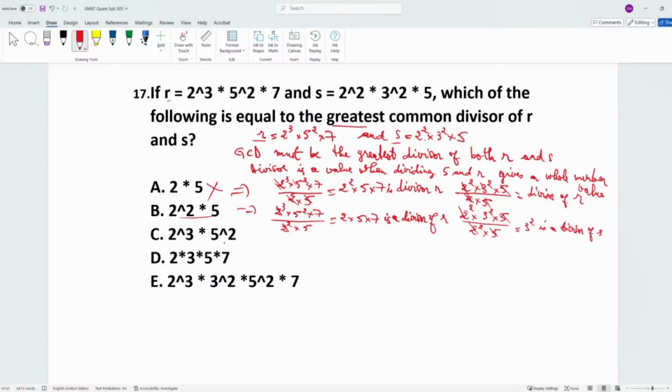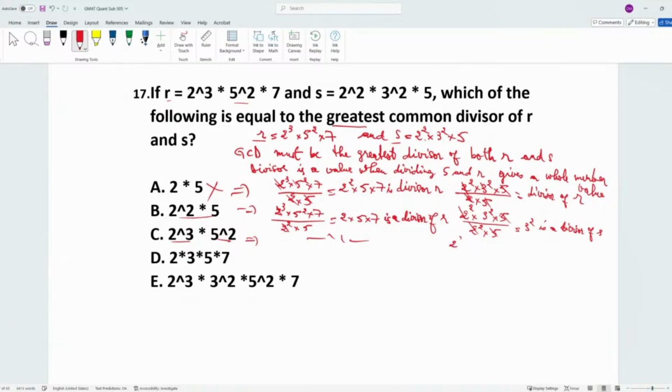If we try with this one, is it a divisor? We already see that here this is definitely going to be a divisor of R, okay, but is it going to be a divisor of S here?